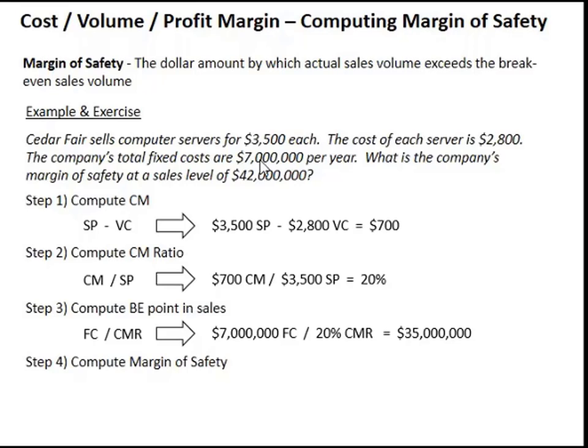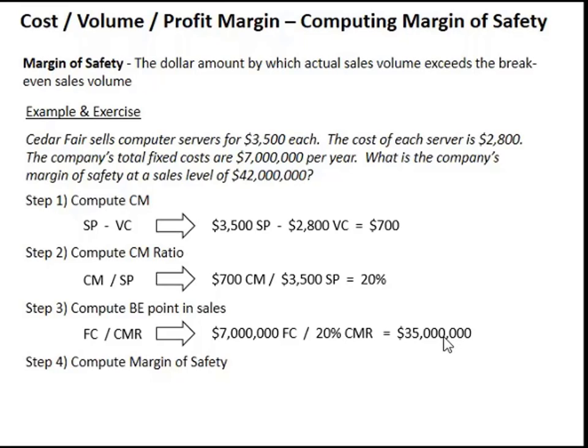Again, we're told we have $7 million of fixed cost a year. There's our $7 million. We divide that by our 20% contribution margin ratio we calculated in step 2, and that's going to come out to $35 million.